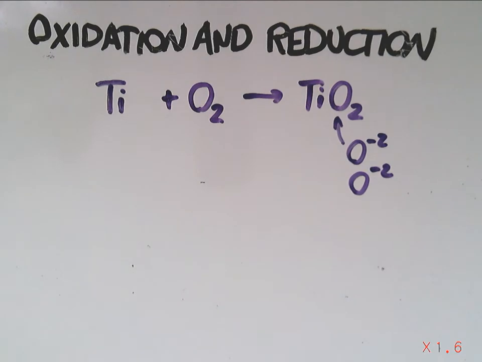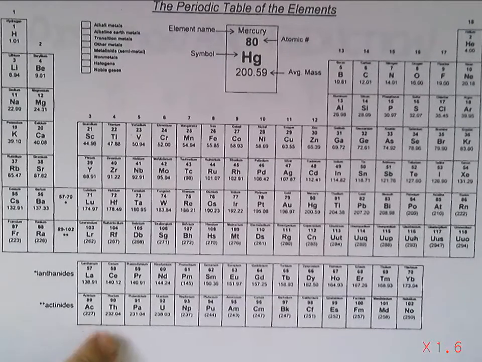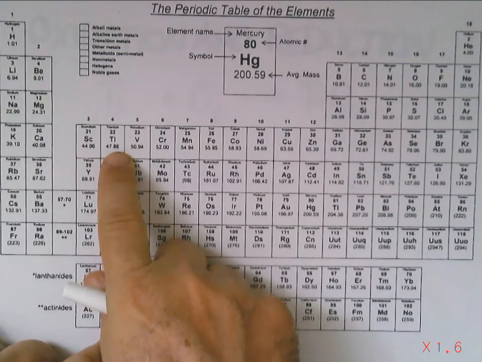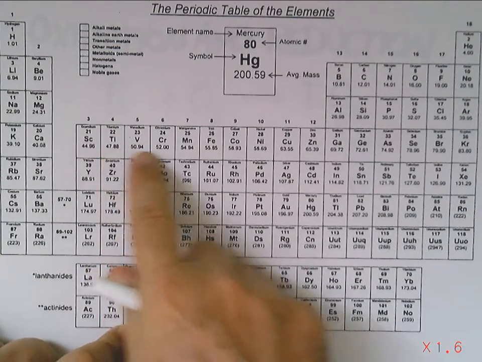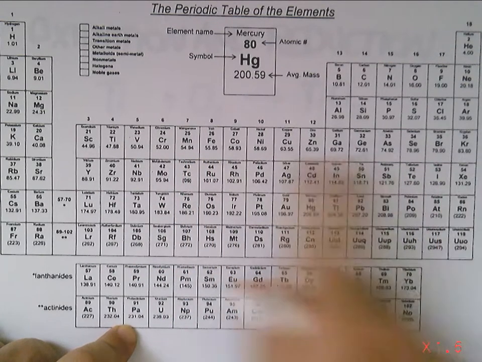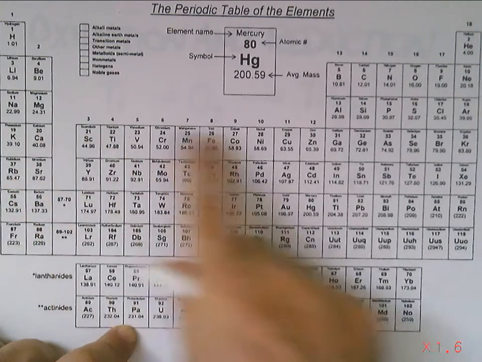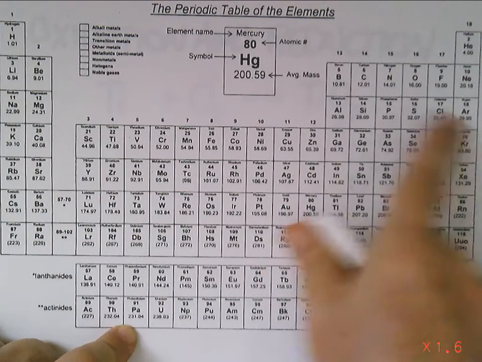Now what about the titanium? Well, it's over here. Is it really going to go for the nearest noble gas? It has to go all that way to get to krypton. Is it going to go this way? Well, maybe. I guess it could go for argon.